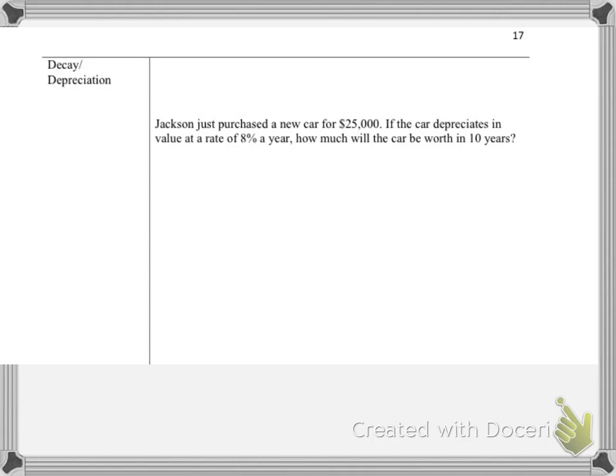So we've got a purchase value here of $25,000. All right, so that means that this is the purchase price for $25,000. All right, that means that this value is A. This is what you're starting out with.